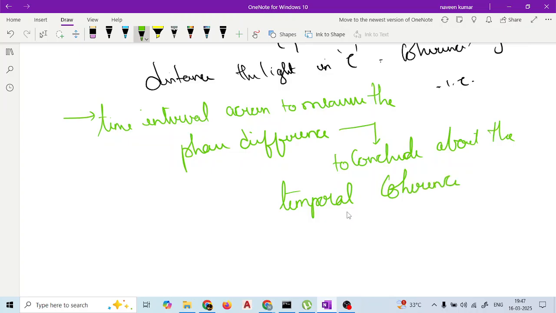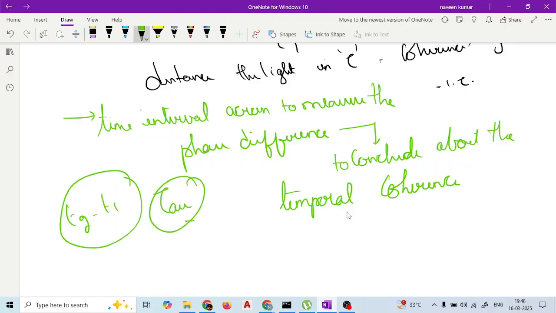Okay, so this T2 minus T1 has a role to play. You might be asking how the tau phenomena will be playing. That has a role to deal with the coherence time.